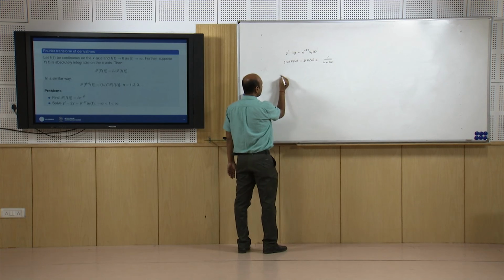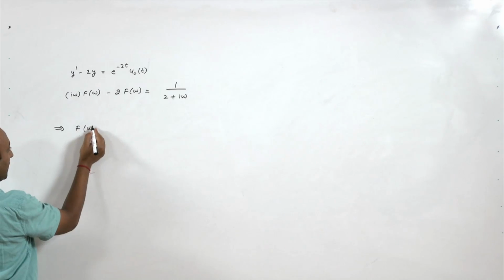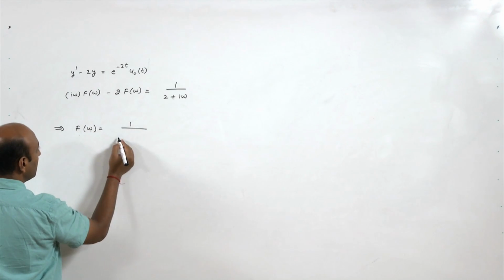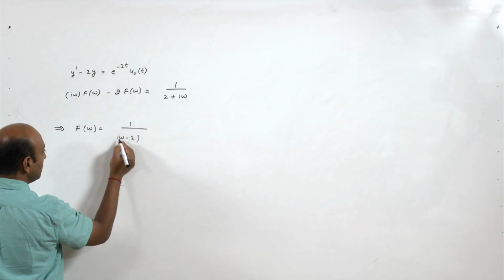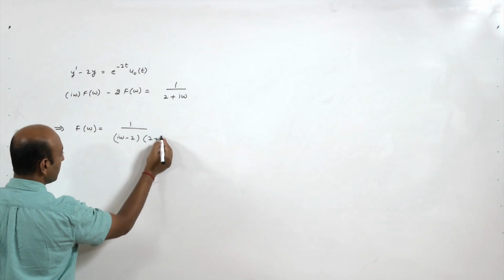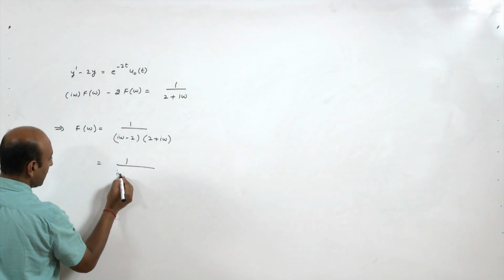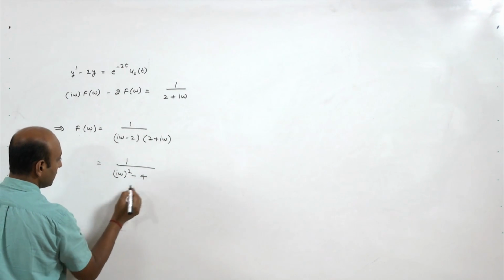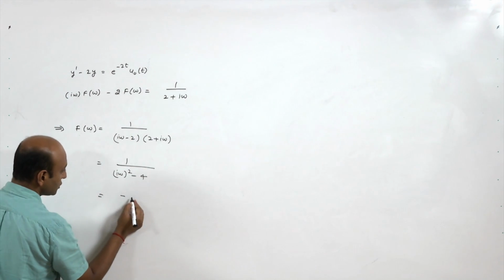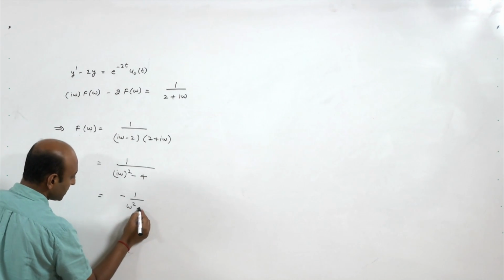So, what we obtain from here is that F(ω) is nothing but 1/((iω - 2)(2 + iω)). When we simplify this, it is a^2 - b^2 form, which equals minus 1/(ω^2 + 4).